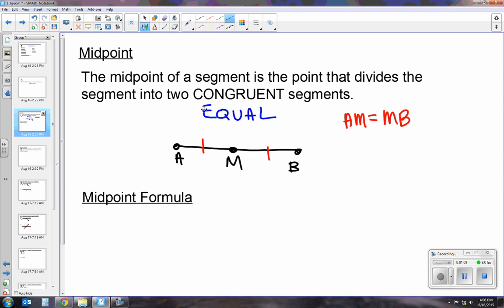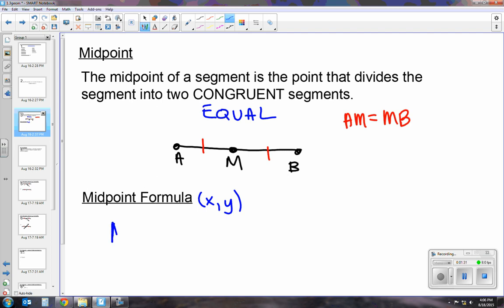Something else that we're going to use today is the midpoint formula. And if we're going to find the middle of two points or of two numbers, we can take those two numbers, add them up, and divide by 2. We do the same thing in the midpoint formula. But to find the midpoint, it's on a graph. And a graph always has an x and a y. So we're going to find the midpoint of the x's and the midpoint of the y's.